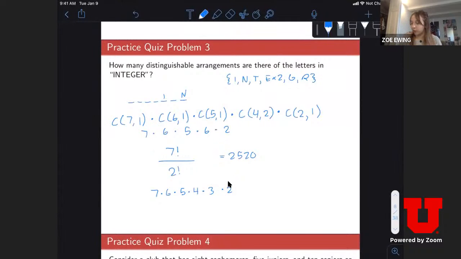If we just had 7 factorial, then we would have this times 2. But we have to divide out the duplicate results.